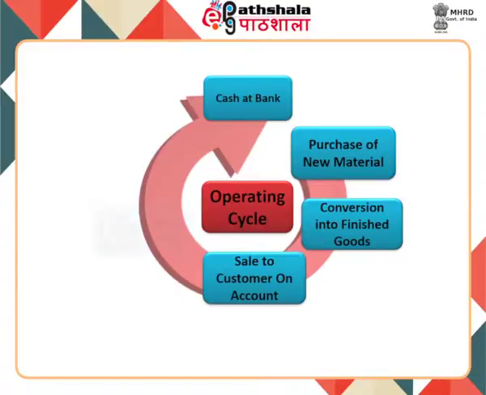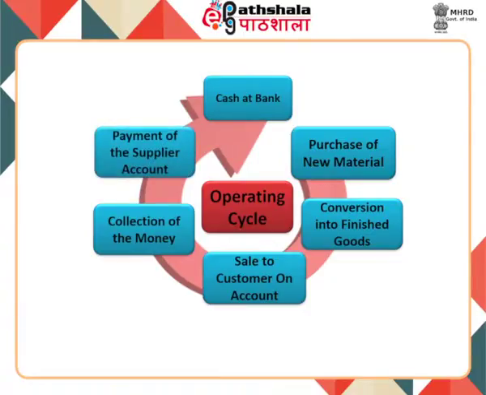After some time, the cash is collected from debtors. Thus, it starts from purchase of raw materials and ends at receiving cash from buyers in the case of manufacturing firms. However, in the case of trading firms, it directly starts from purchasing of goods to be sold. Thus, the length of the operating cycle is shorter in trading firms than in manufacturing firms.